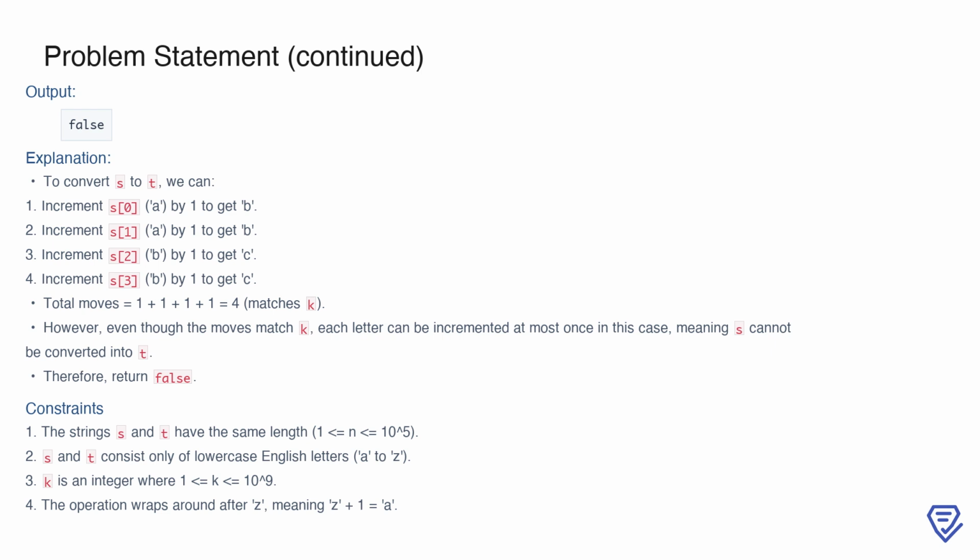The total number of moves here is 1 plus 1 plus 1 plus 1, which equals 4, matching the value of k. However, even though the total moves align with k, the transformation still fails because every character in s is only incremented once, which means we cannot make further adjustments if needed. As a result, it is impossible to achieve the transformation, and the output is false. This example shows that meeting the move count alone is not sufficient if the transformation itself is not feasible.